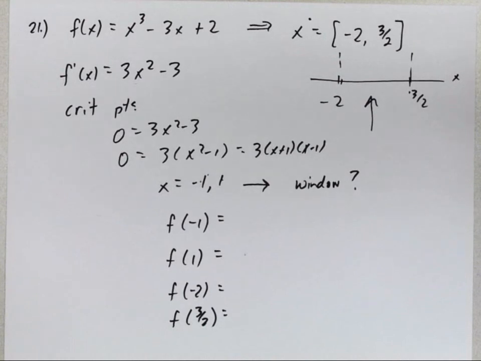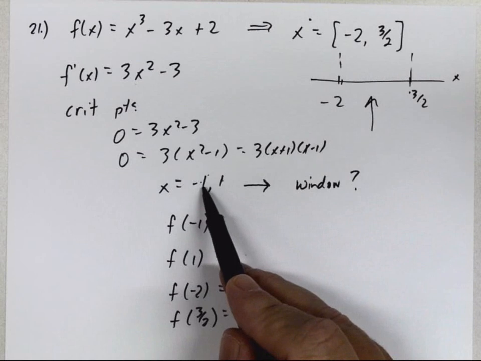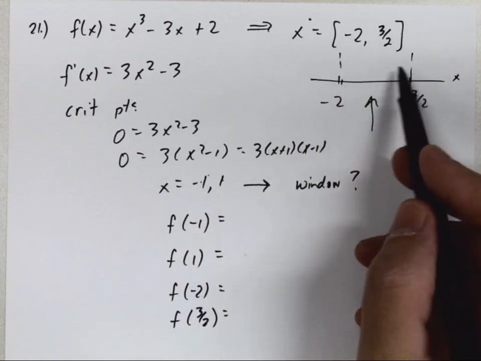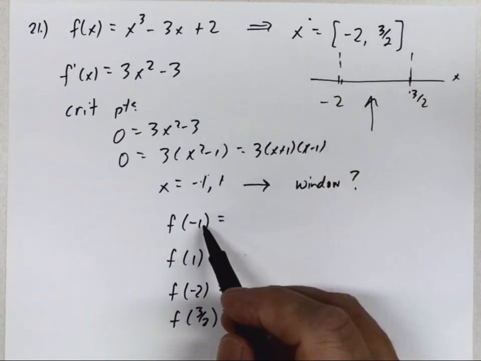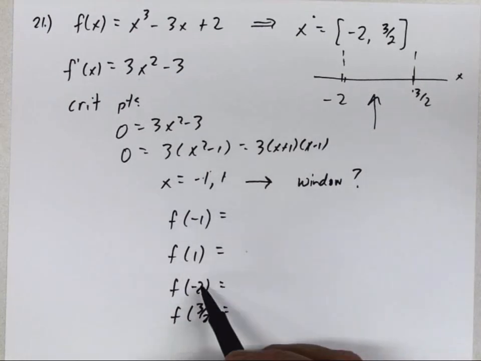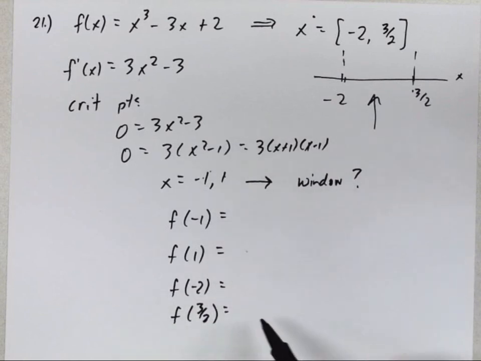So in summary, you find your critical points, negative 1 and 1, you make sure they're within the interval that you're looking at, and then if they are, we calculate the function at those critical points, and also look at the function at the edge points. I'm going to have 4 values of the function here, and the largest one will be the absolute maximum, and the smallest one will be the absolute minimum.